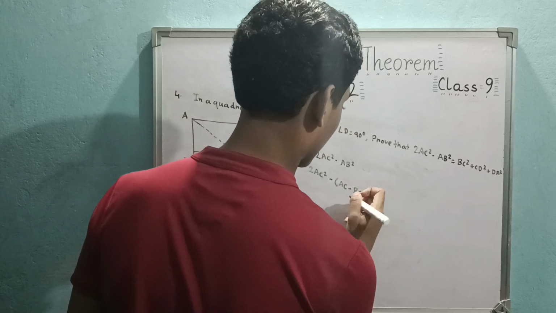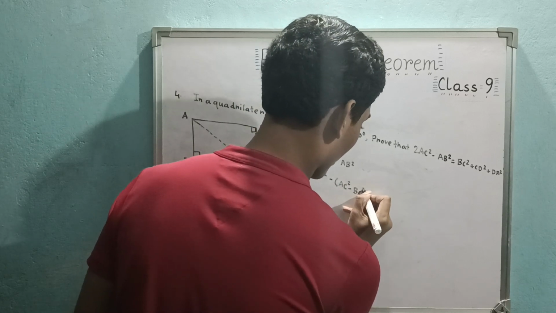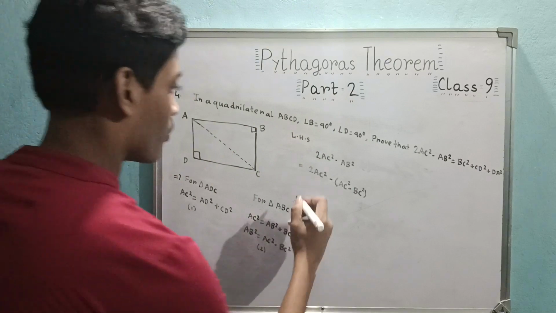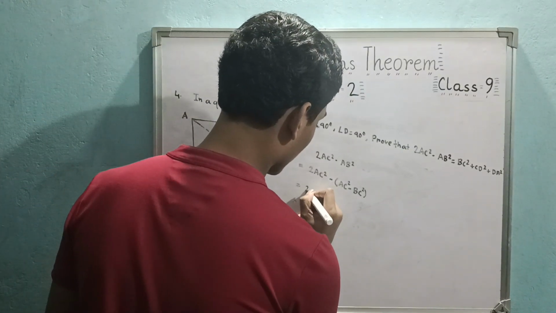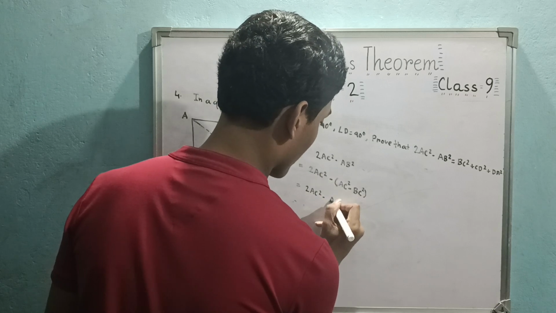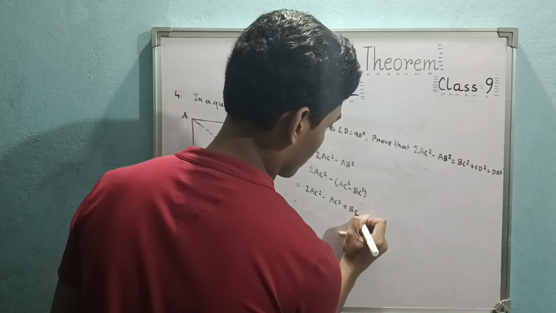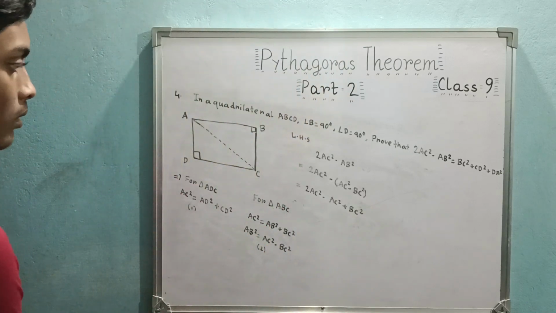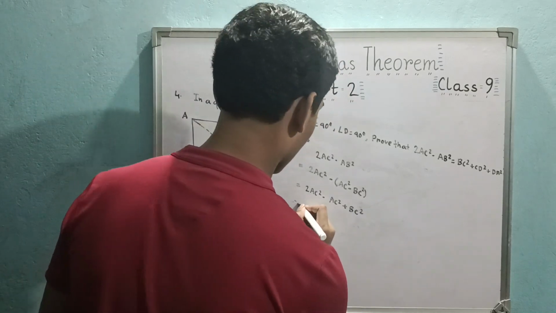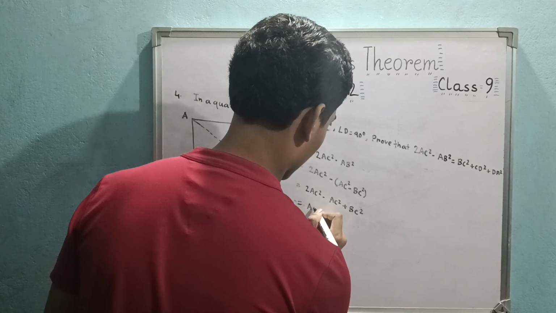Now let's open up the brackets. Equal to 2AC square minus AC square plus BC square, equal to AC square plus BC square.